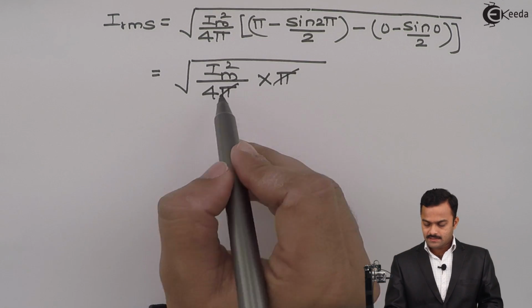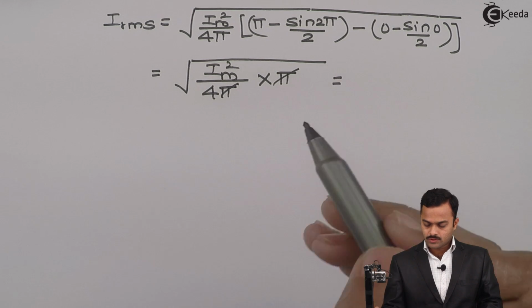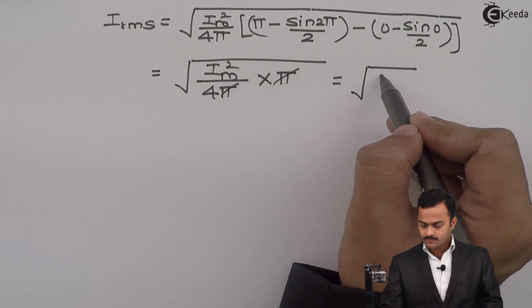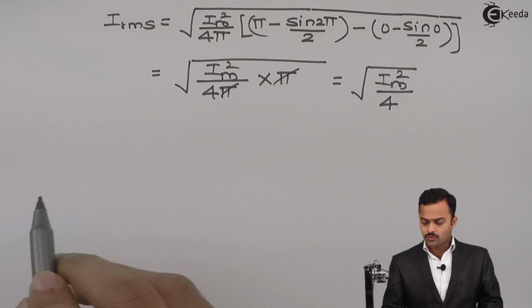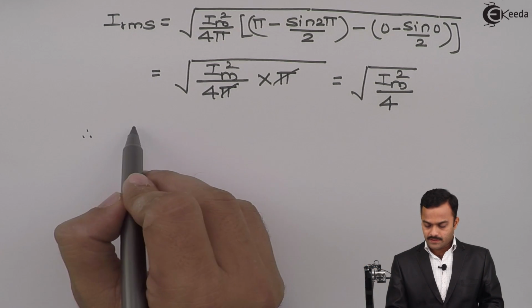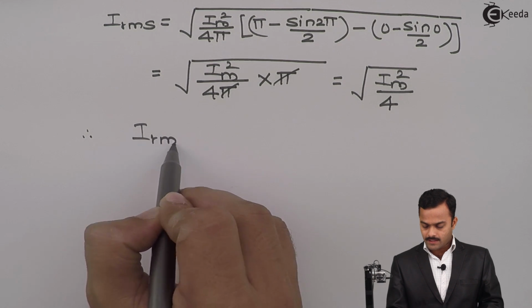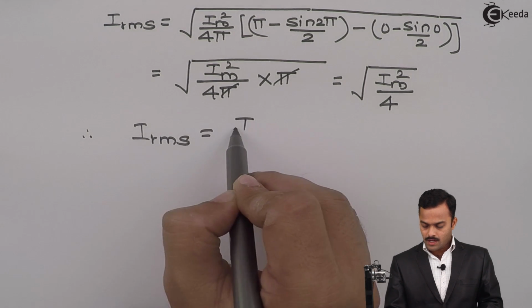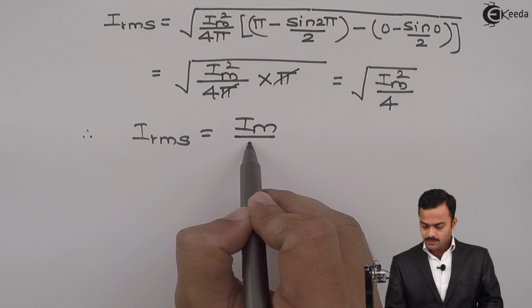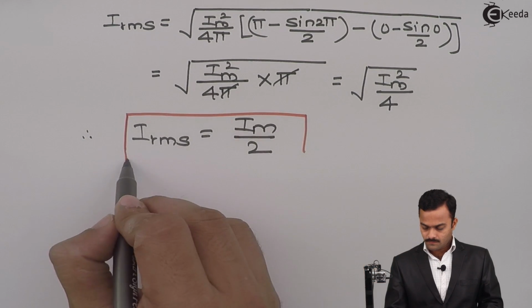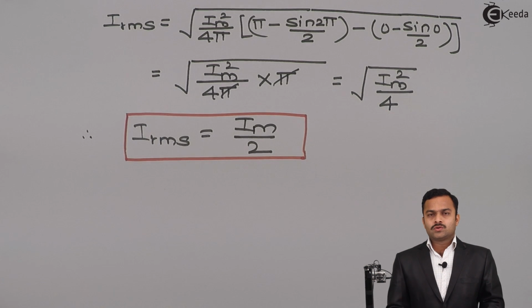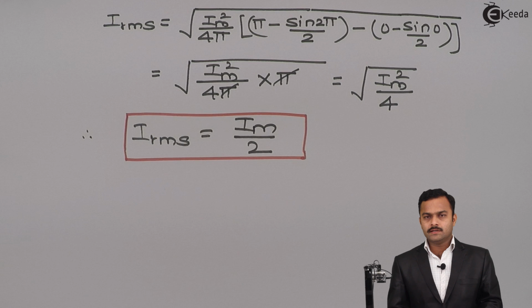Pi gets cancelled, so this is equal to root of Im square divided by 4 and if I take the square root, I will get IRMS equal to Im divided by 2. So this is the value of RMS current flowing through load in half wave rectifier.